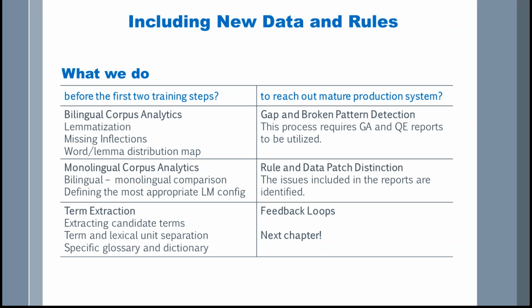That's important since the translation model gives us lots of candidate translation outputs, but the system compares and renders the outputs just according to your language model, and the language model is based on the monolingual data that you include or utilize. So this is also a significant performance for us, and defining the most appropriate language model configuration is a different aspect of the corpus analytics item.